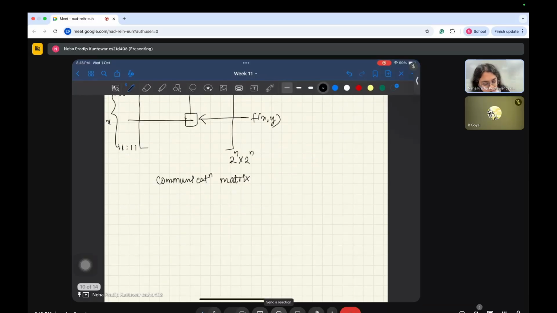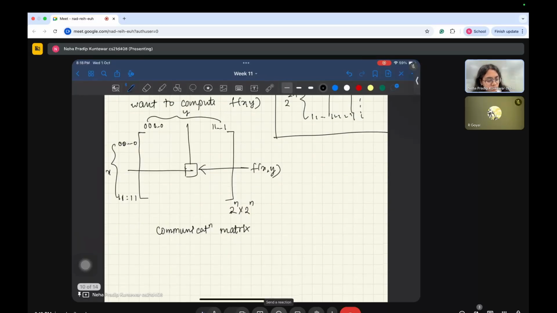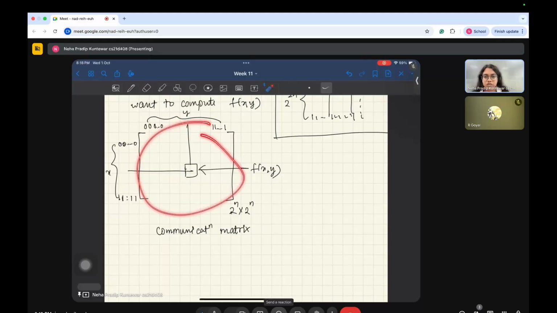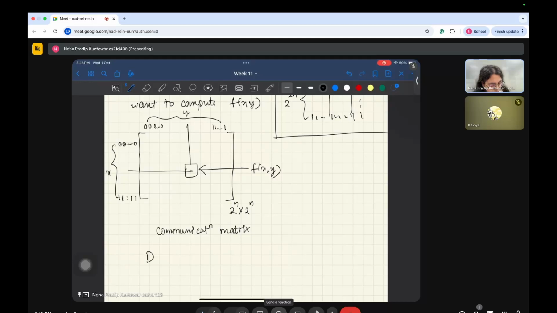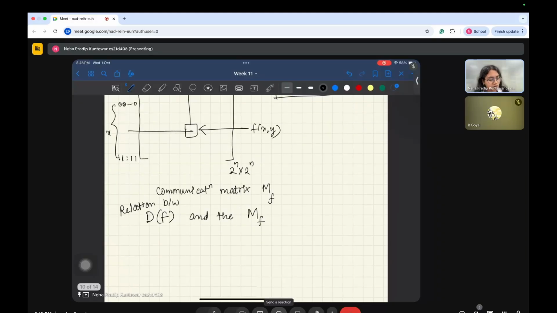So the question is, can we use some information about this matrix to say something about the communication complexity? Can there be some relation between the deterministic communication complexity of f, D of f, and the matrix M, I'll just call it M_f?